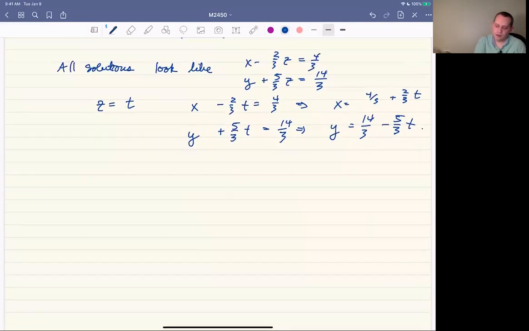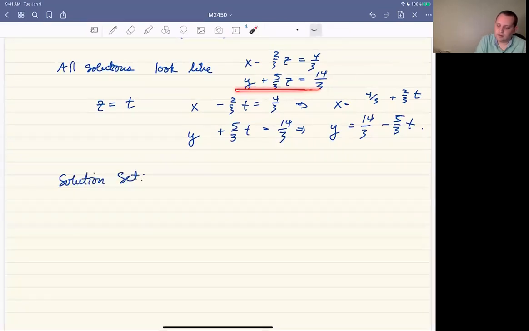And so our solution set we can write in a few different ways. The way that we wrote it up here is good enough for now. I mean, it's not the best way, but it's good enough for now. A better way, though, is to write it in parameterized form. This is the same kind of parameterization that you did in Calc 2.